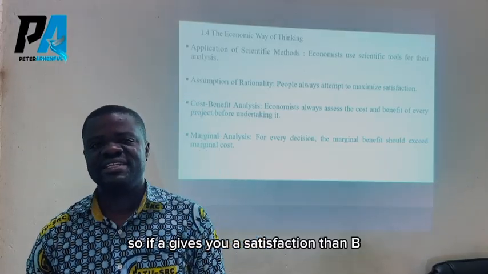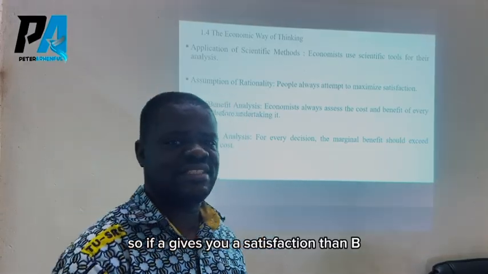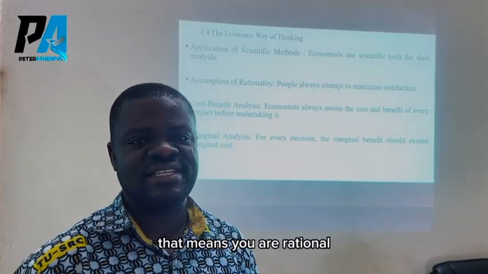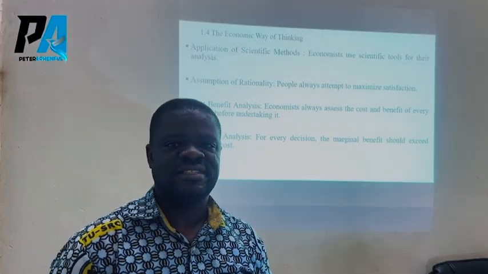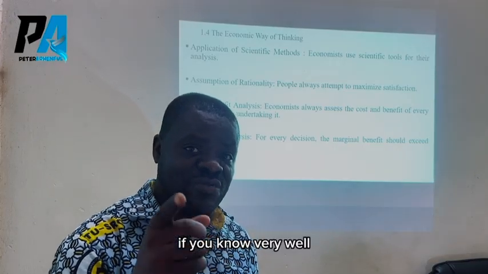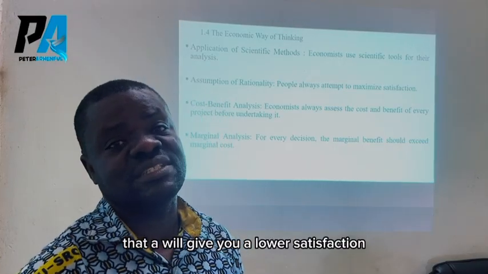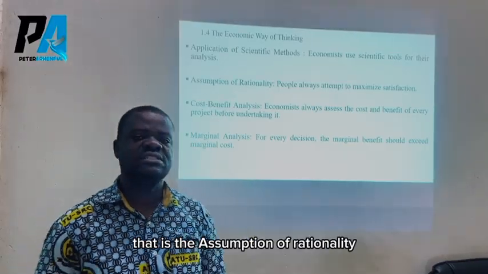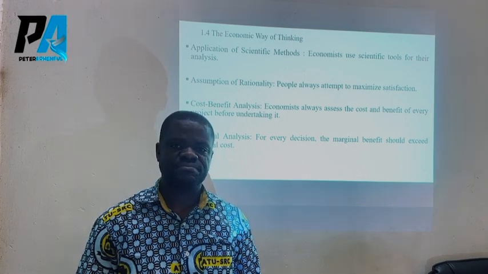So if A gives you a higher satisfaction than B, and you choose A, that means you are rational. And if you know very well that A will give you a lower satisfaction, and you go in for it, that means you are irrational. And that is the assumption of rationality.